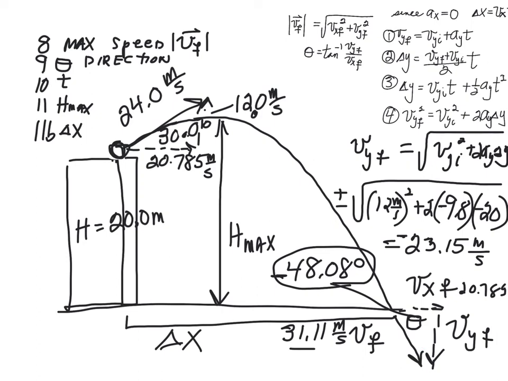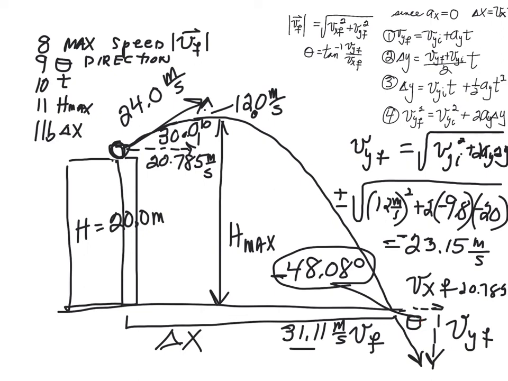If I got something that was smaller than the components, I know there's a math error. Also, I'm noticing that the y component has a larger magnitude than the x component. And if this is larger than this, what does that mean about the angle? This is your trig.